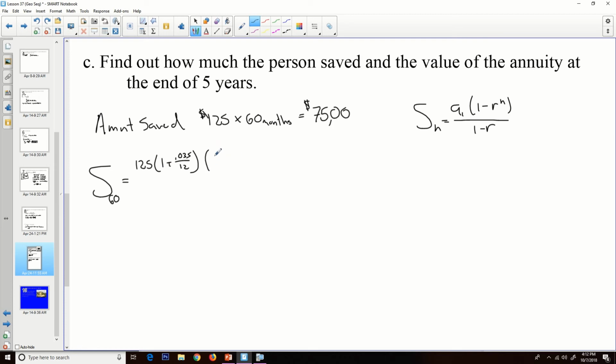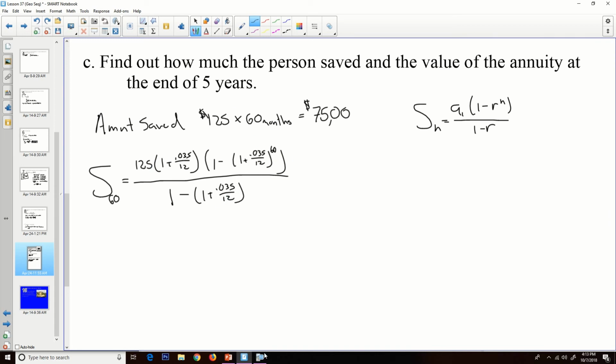And then the common ratio is r, so it's 1 minus 1 plus 0.035 over 12 to the 60th power, all over 1 minus r, which again is 1 plus 0.035 over 12. And I don't want to type these things in 3 times.